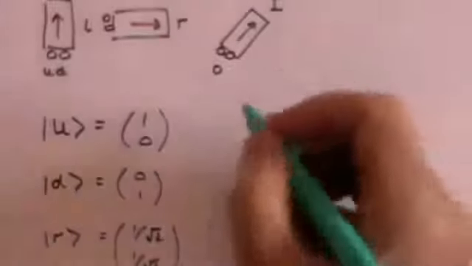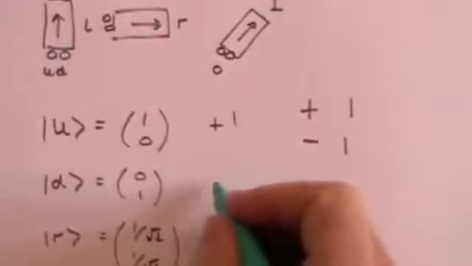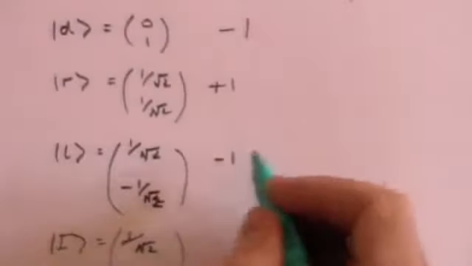The eigenvalue for up was +1, the eigenvalue for down was -1, eigenvalue for right was +1, eigenvalue for left was -1, eigenvalue for in was +1, eigenvalue for out was -1.